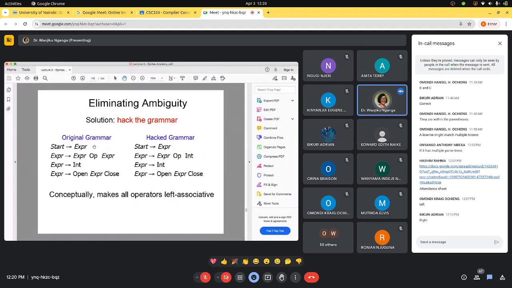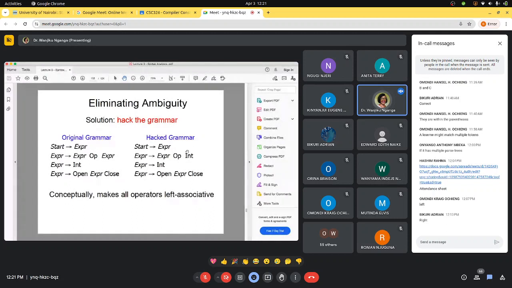In our original grammar, the expression can be written as expression, operator, expression, then can go to int, and then with the brackets. If we hack it this way, the start goes to the expression. This is where the ambiguity was coming in. So we hack it to ensure that we've specified the associativity.